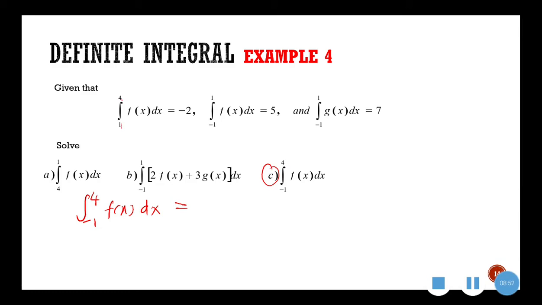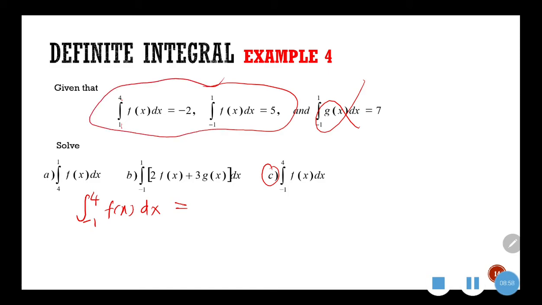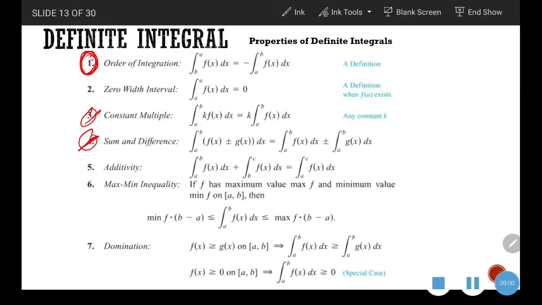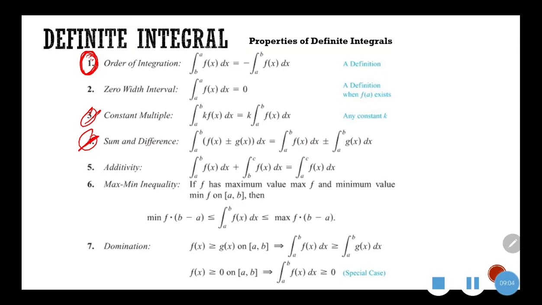Okay, so we'll make use of these two, of course GS ni tak boleh pakai lah. Alright, so kalau you tengok again on the property, we have additivity property. Okay, integration from A to B fx dx plus B to C fx dx is equivalent to integration from A to C.